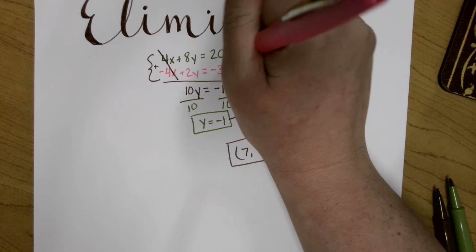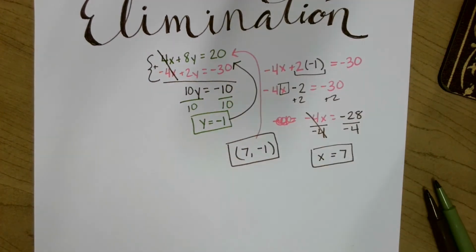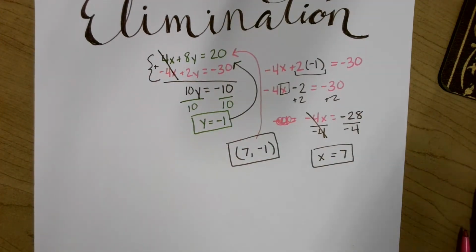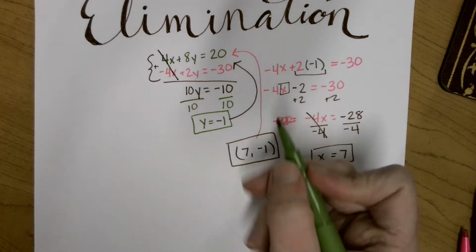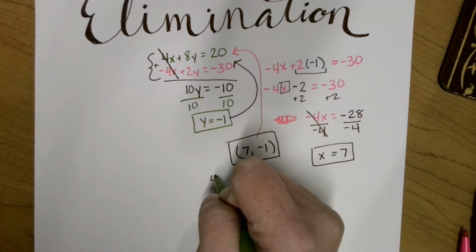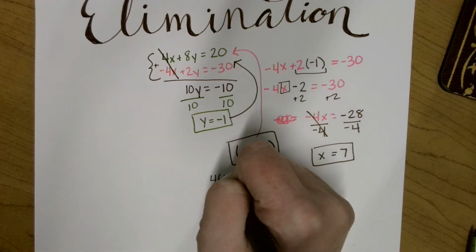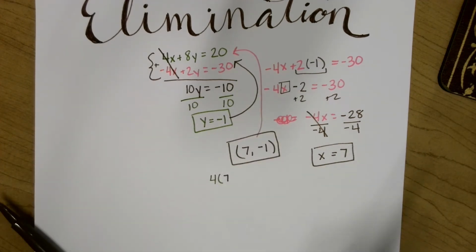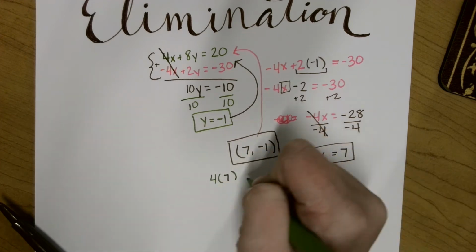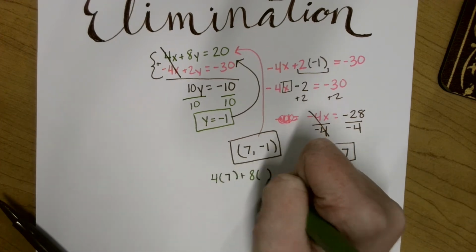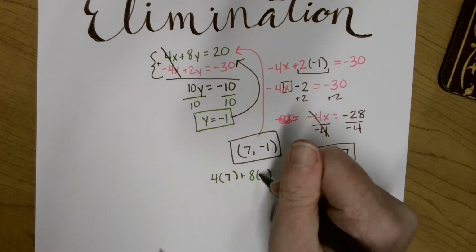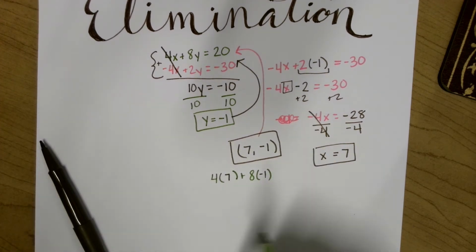So I'm just going to plug it into the green one for now, just to make sure that I get a true statement. So I'm going to do 4 times x, but my x value is 7. So I'll plug 7 in. Plus 8 times y, but my y value is negative 1, so I'm going to replace that.